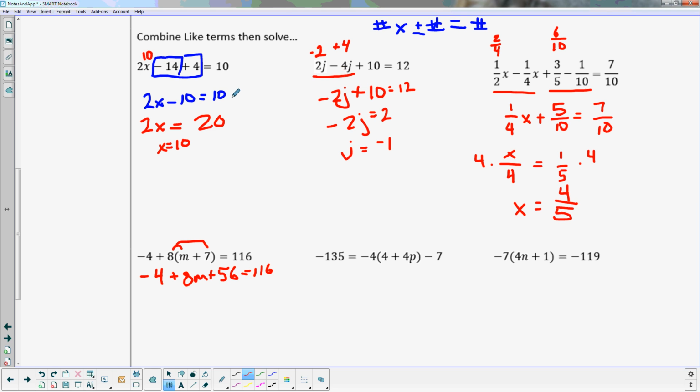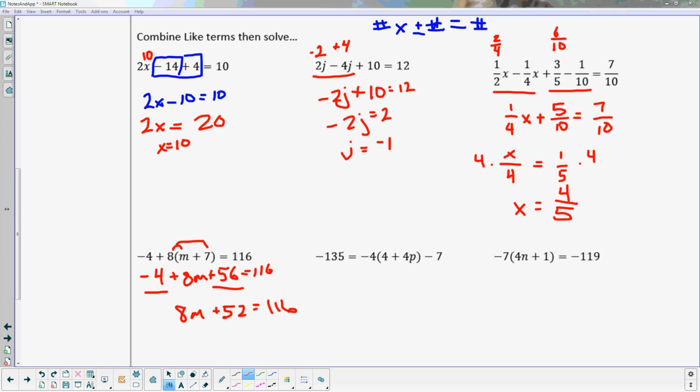Notice my strategy on those ones was turn it into a 2-step equation, and then a 1-step equation, and then solve. That's all we're doing here. I've got this -4 and this positive 56. So that's going to give me 8m plus 52 equals 116.